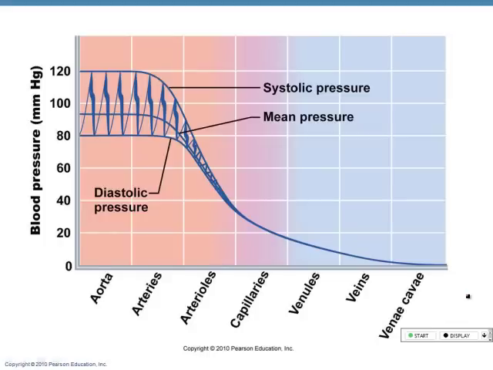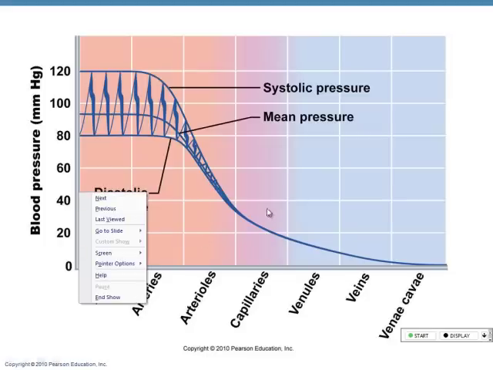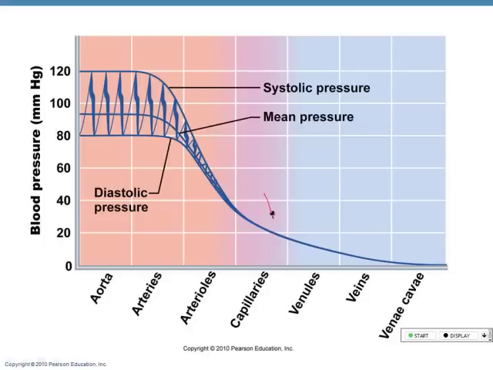Again, we need to bring up our calculators for this test. So the mean arterial pressure of a person with a systolic blood pressure of 120 and a diastolic pressure of 80, and if we look on page 708 in our textbook, we see how to calculate the mean arterial pressure. So MAP equals what?